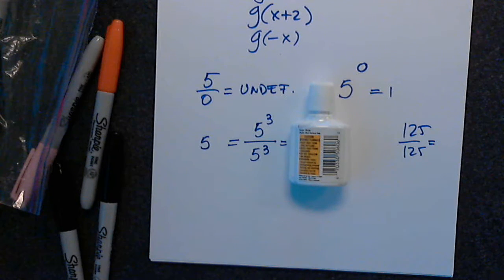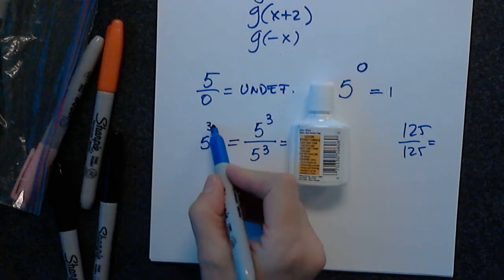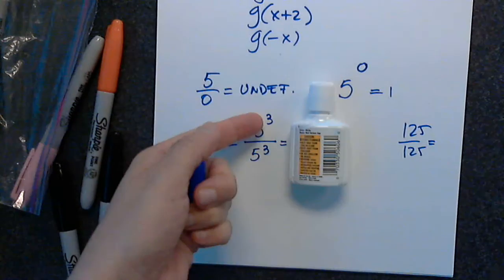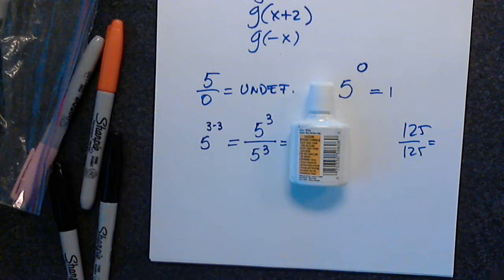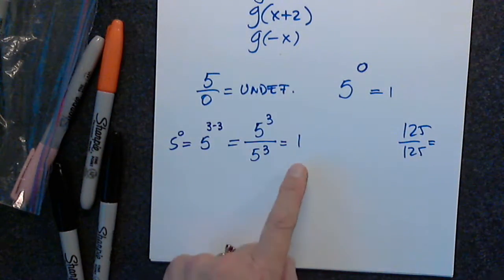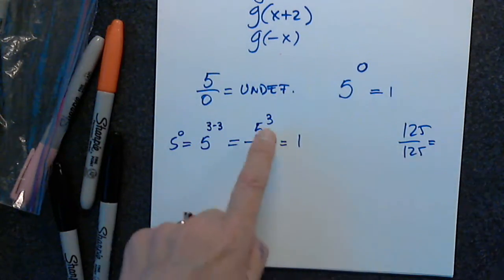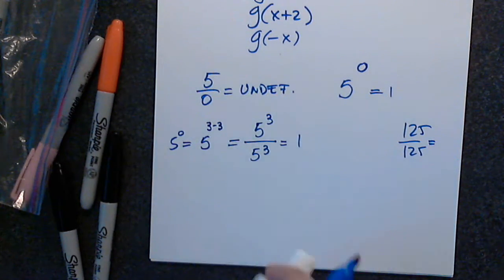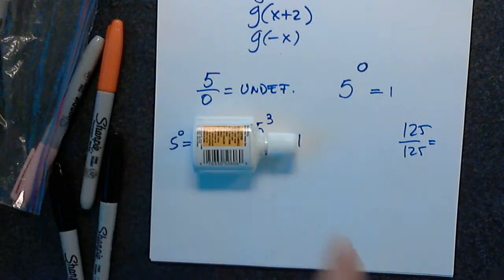Agreed? So the exponent will be 3 minus 3. 3 for the top and 3 from the bottom. Correct? How much is 3 minus 3? So this is 5 raised to 0. But we have established from the very beginning that 125 over 125 is 1. So therefore, 5 raised to 0 is 1.